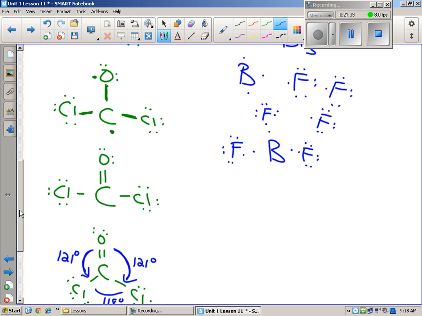Okay. So B has 3 unpaired electrons. Each F that we have there happens to match up with that nicely. We could even draw lines here, like so. And that's probably not the best drawing. We may want to spread it out a little.